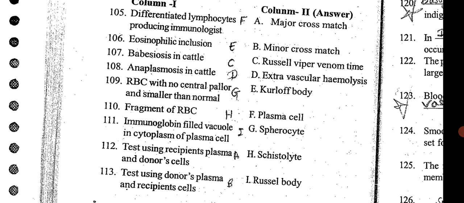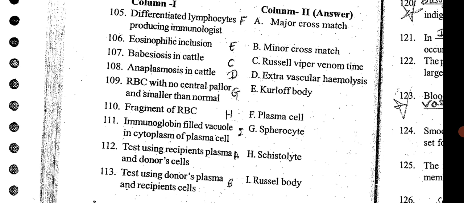16 micrometer is the size of the red blood cells of sheep and goats.